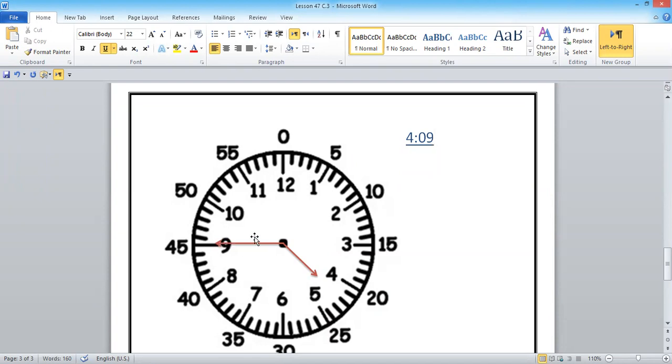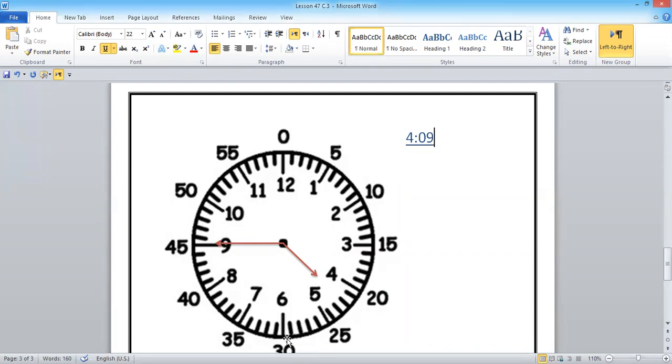Why 94? The minute hand is at 9. At 9, check the minutes. How many minutes have passed from 12?